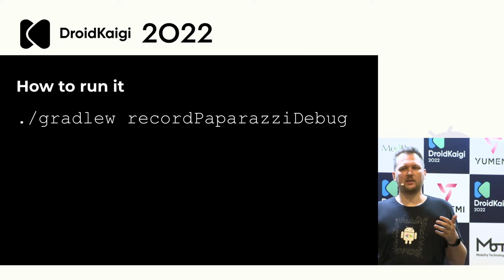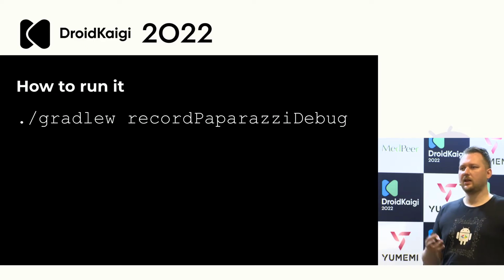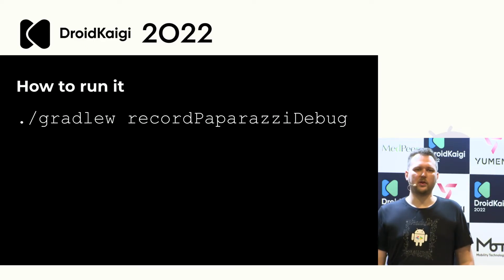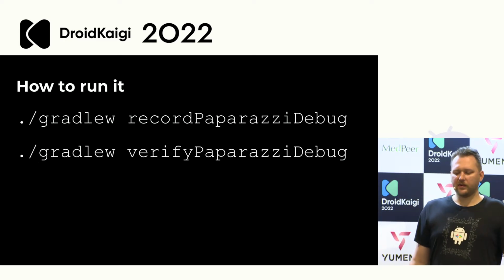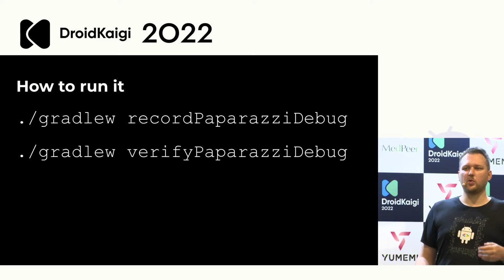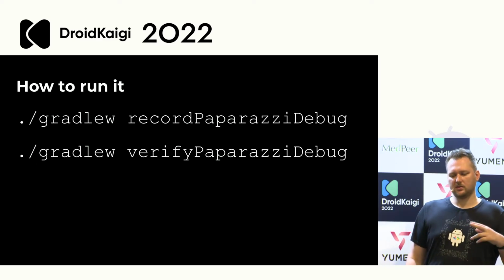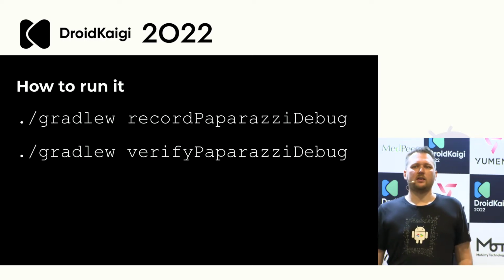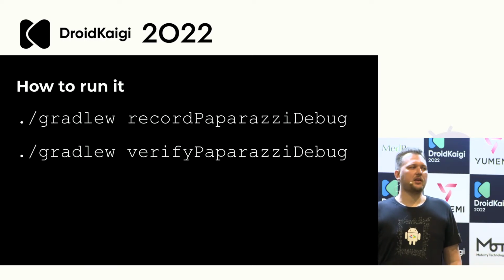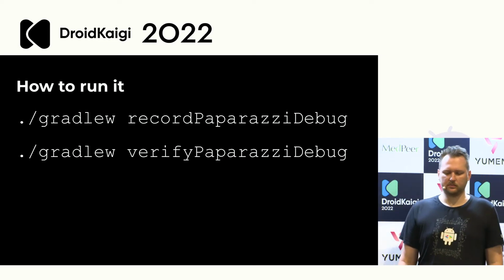You want to do that in the beginning when you are setting everything up, just once, and then it will update with each pull request. The second one is called verify Paparazzi Debug, and that's actually comparing the new screenshots with the old screenshots. If there are some differences, it will fail the test, and it will show you what's different. So you just need these two Gradle commands.